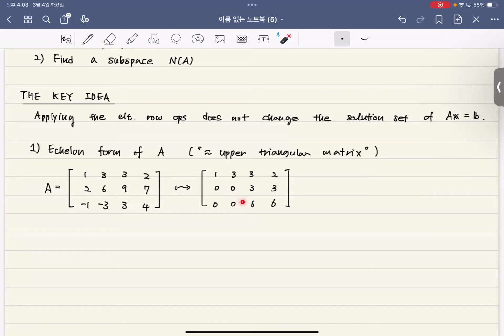But I cannot stop at this point, because I also want to eliminate this number by applying the elementary row operations one more time. How? By multiplying the second row by -2 and adding it to the third, I can eliminate this number.